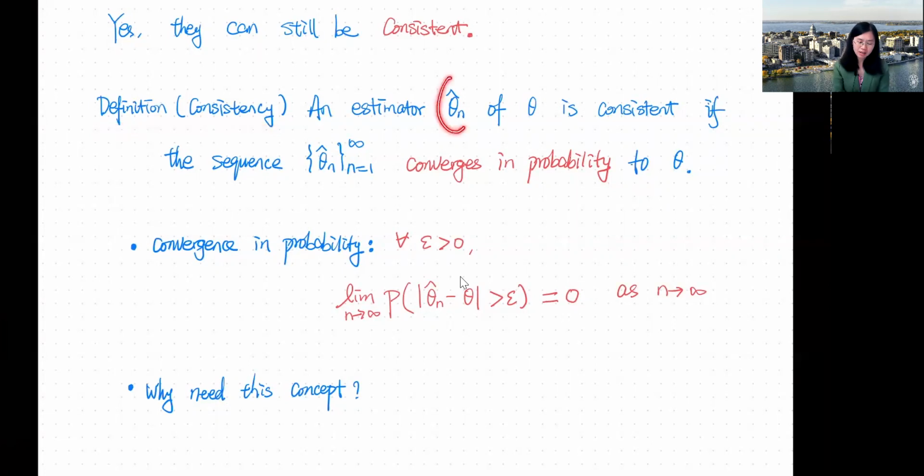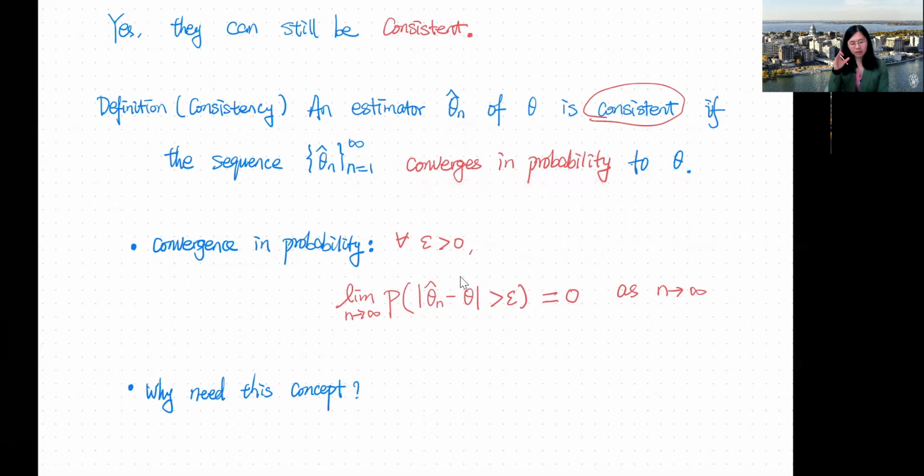An estimator theta n hat of theta is consistent if the sequence of the estimator, as n goes to infinity, converges in probability to theta. So what you want is for the estimator to converge in probability to theta.